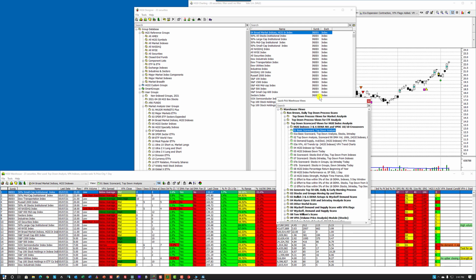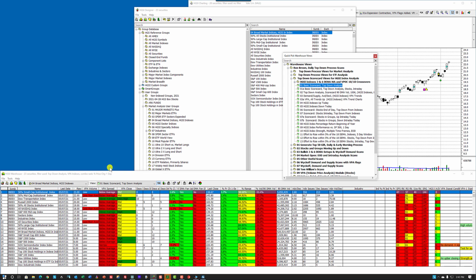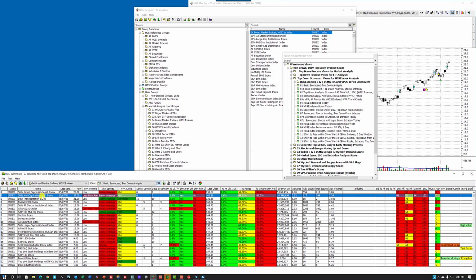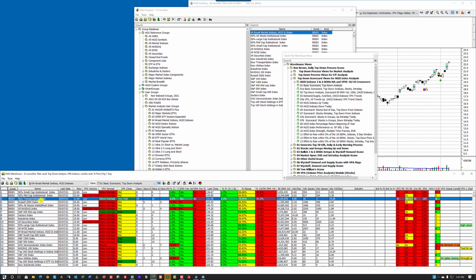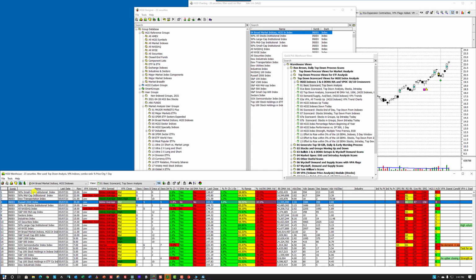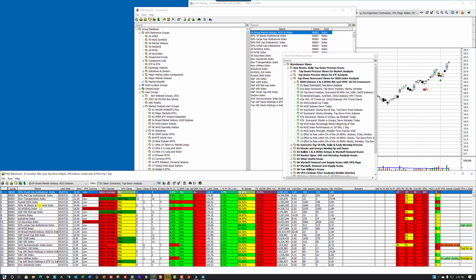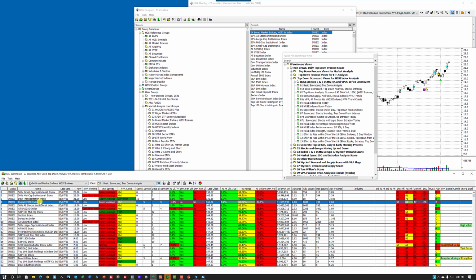If I just click on the basic scorecard, it is sorted by the percentage price change one day, and you can see the small caps. These are institutional stocks that are held by institutions, at least 50% institutionally held. That's at the top of the list. Mid cap is second, transports, Russell. So you can see that this is a small and mid cap day primarily.